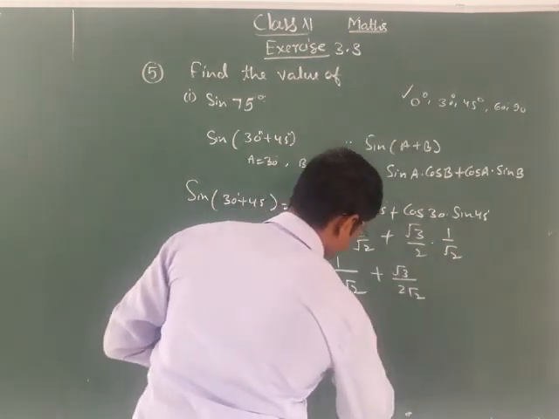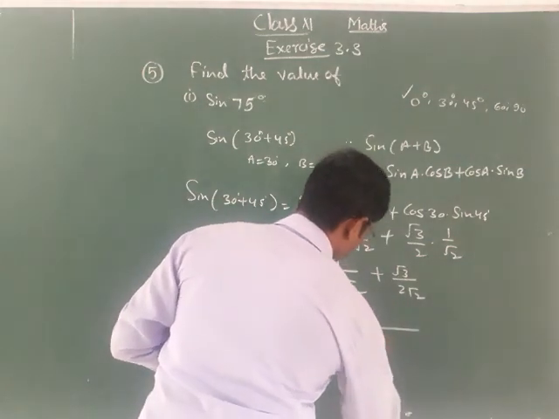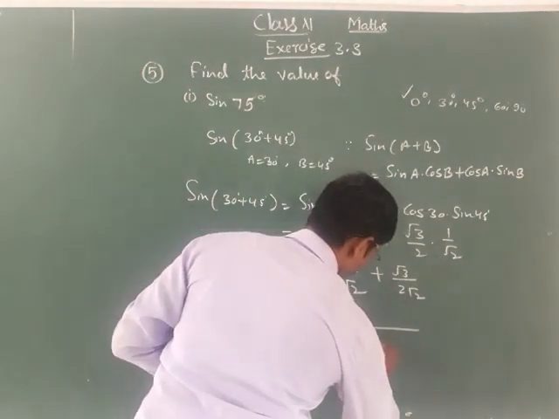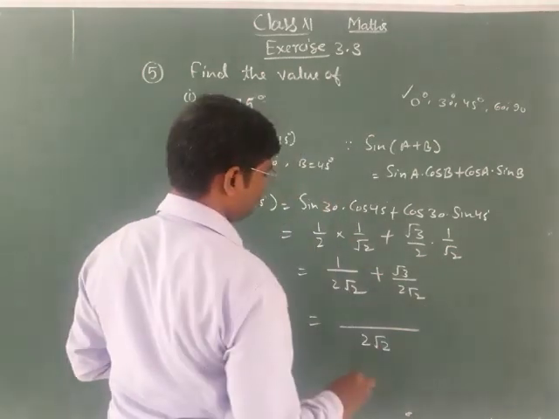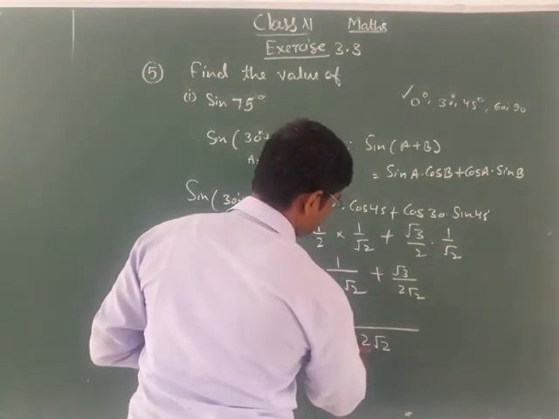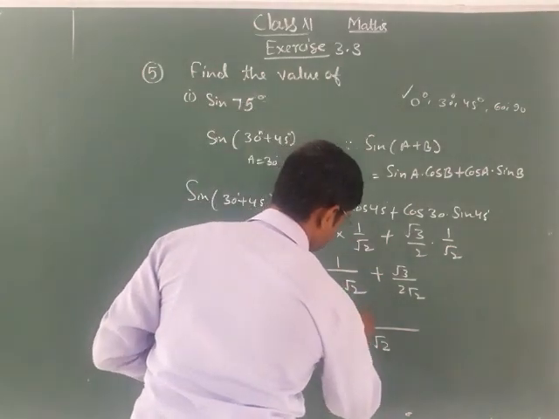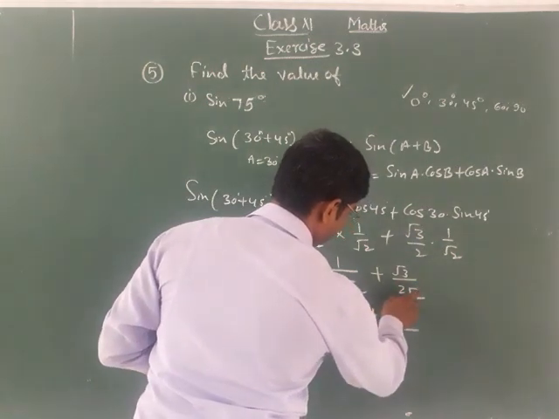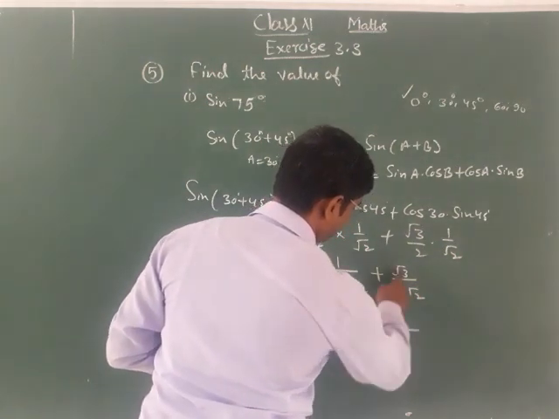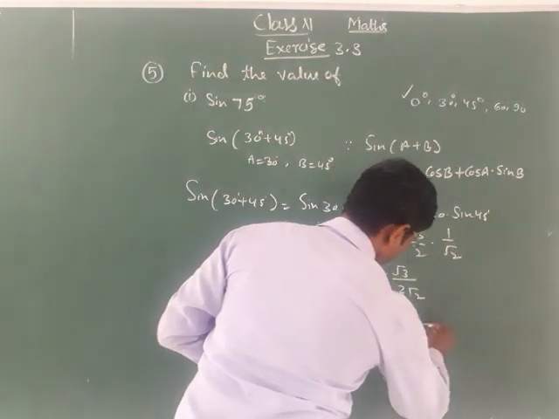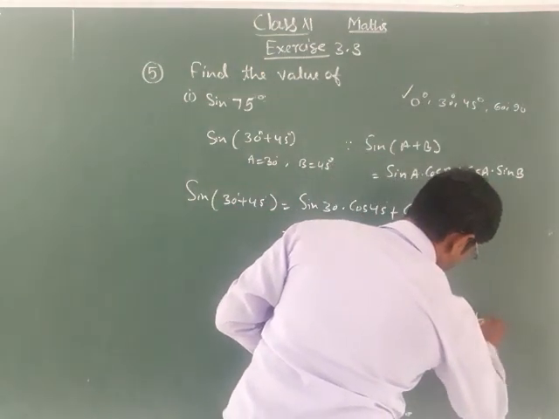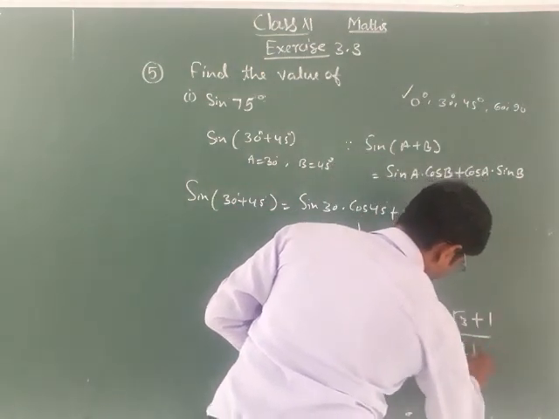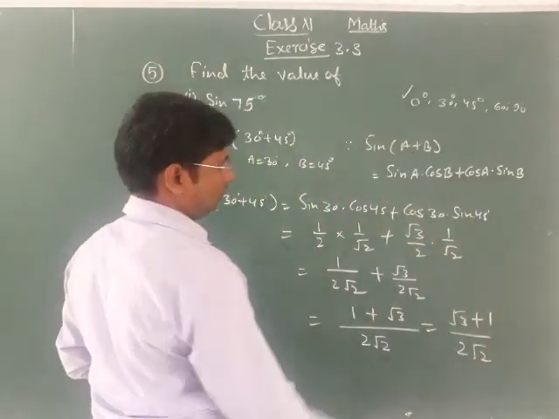Now taking the LCM, the denominators are the same, so we get 1 plus root 3 upon 2 root 2.